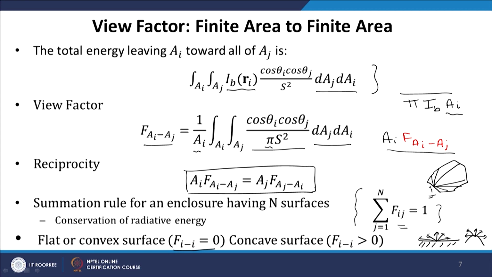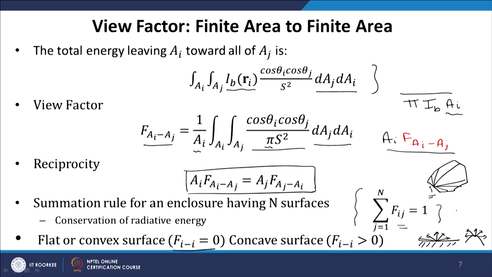So, for these two surfaces, the view factor Fii, that means the view factor to itself, will be equal to 0. On the other hand, for concave surfaces, the view factor will not be equal to 0; it will have some finite value, because some amount of radiation leaving this surface will actually fall upon the surface itself. So, Fii for concave surfaces will be greater than 0.